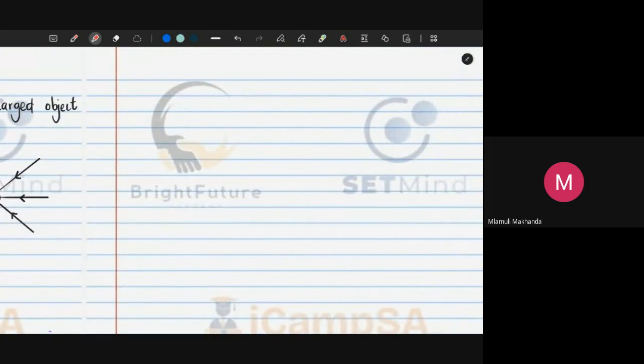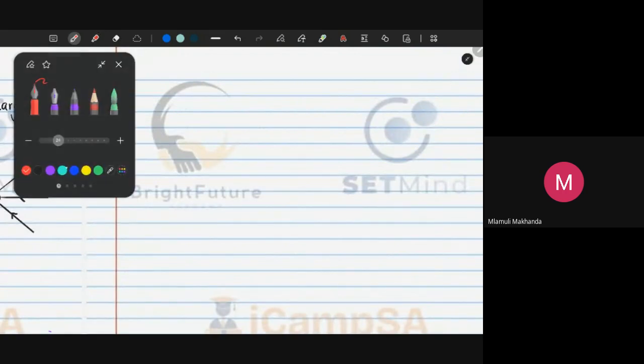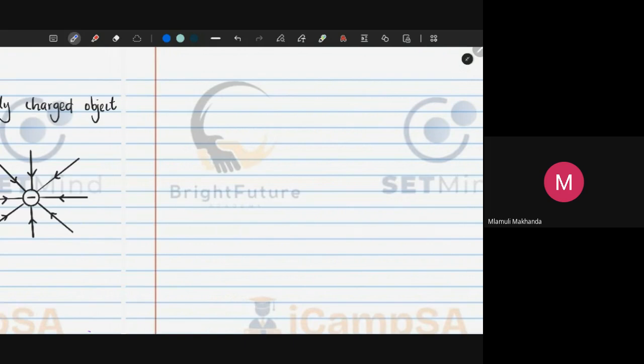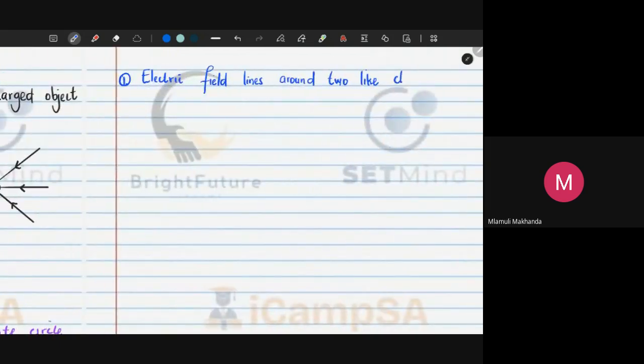So the first one we'll look at is, imagine we have electric field lines around two like charges.